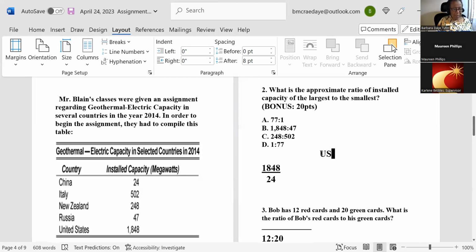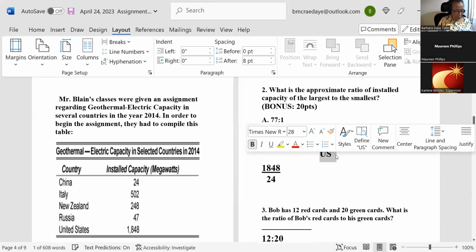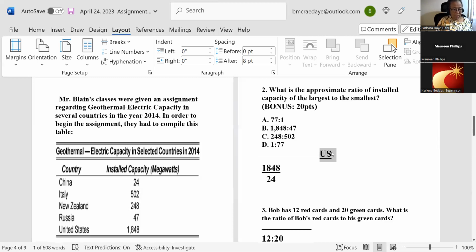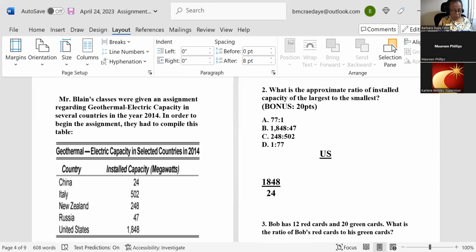Smallest is China. So let's just put China. And so that would be the 1848 over 24.